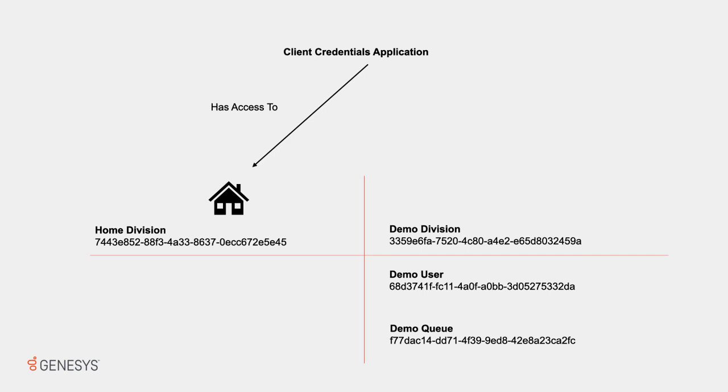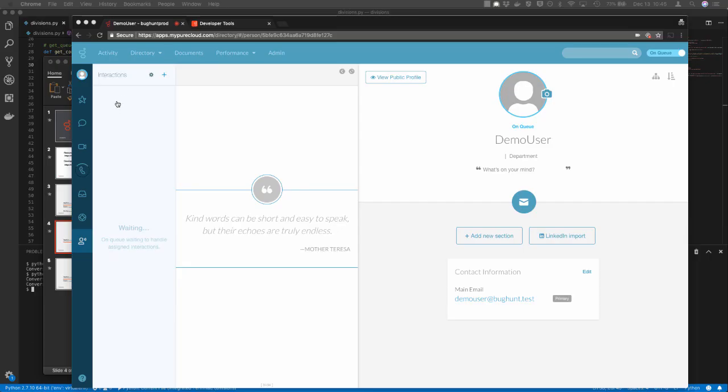Now we'll make one more change, and we'll move the demo user into the demo division. Now the Client Credentials app still only has access to the home division, so anything that happens in just the demo division will not be visible to the app. Now we can go back and place a call from the user again.